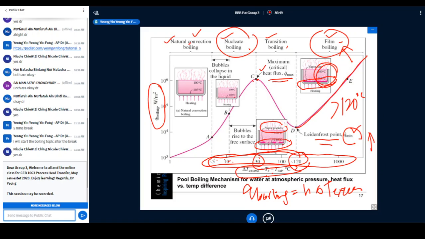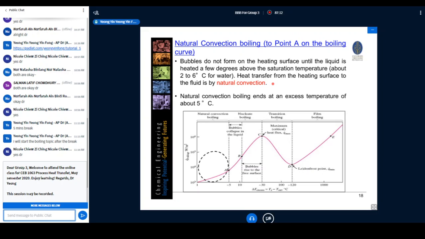Bubbles do not form on the heating surface until the liquid is heated a few degrees above the saturation temperature, so the heat transfer process is by natural convection. Natural convection boiling ends at an excess temperature of 5 degrees C. So you can see there's no bubble formed, it has only started to boil.